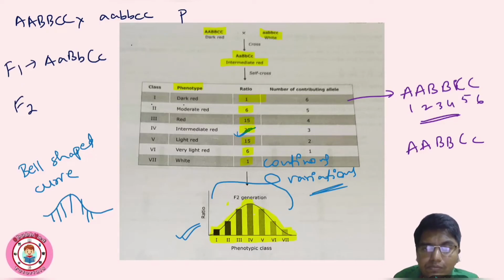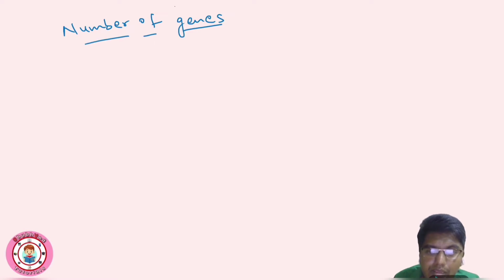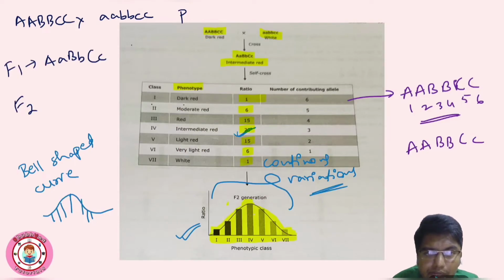Okay, so now the calculation of quantitative traits. Calculation is basically to find out the number of gene pairs, or we can say number of genes. So we will consider the extreme phenotype. As we saw here, the extreme phenotype is dark red.